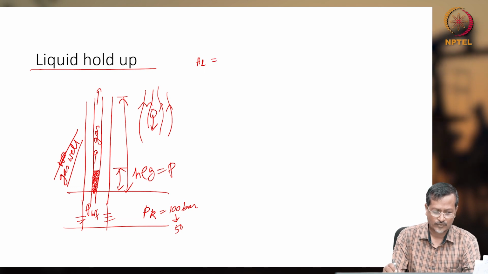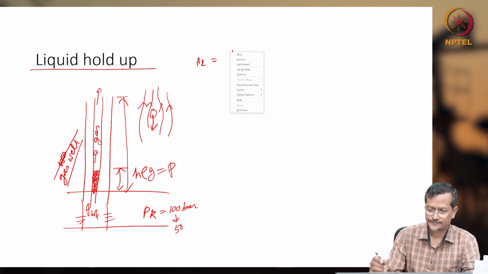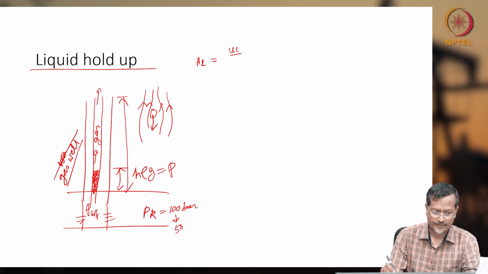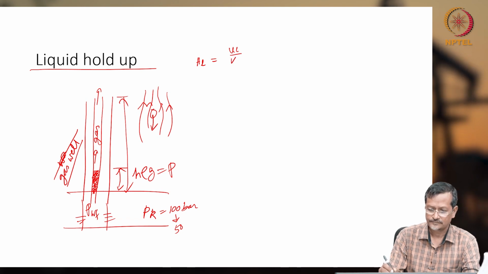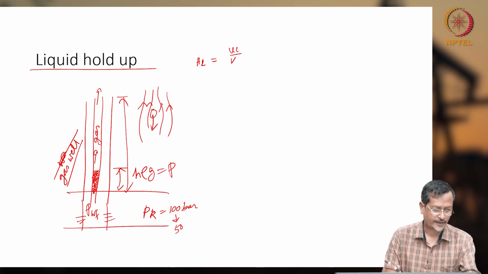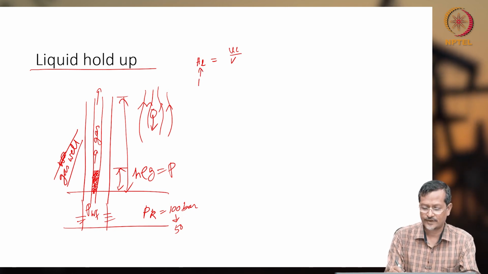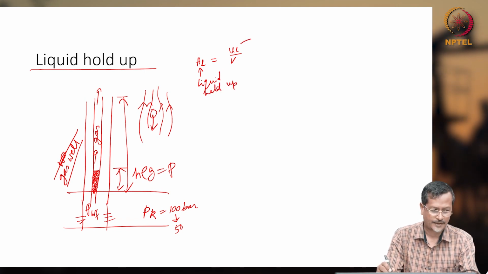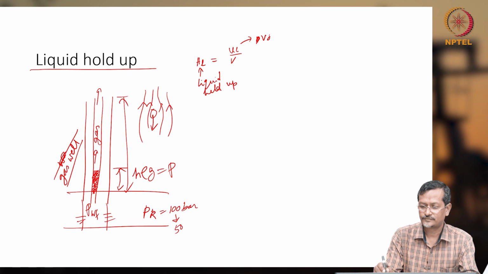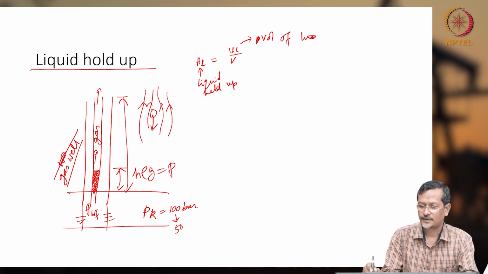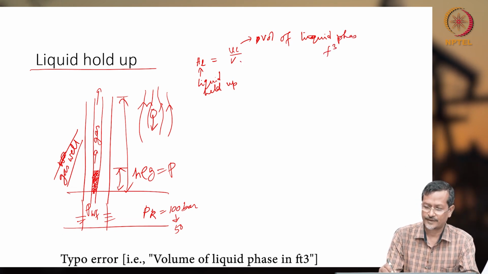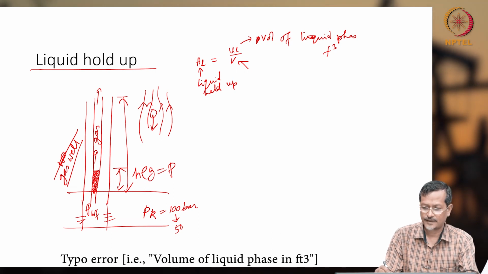HL equals VL divided by V. Here HL is the liquid holdup, and VL is the volume of the liquid phase, in cubic feet, and V is the volume of the piping, also in cubic feet.